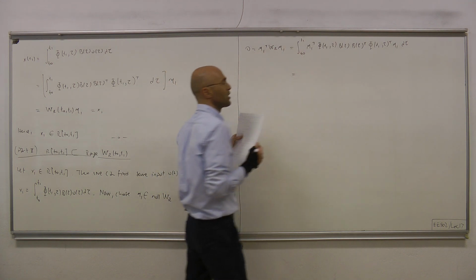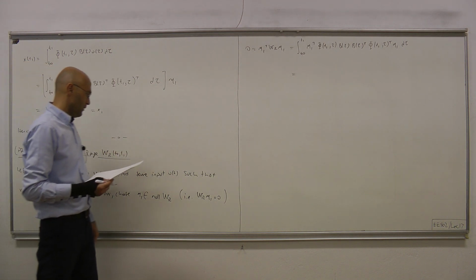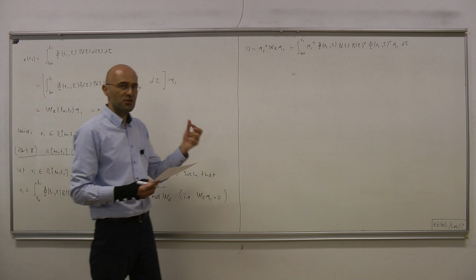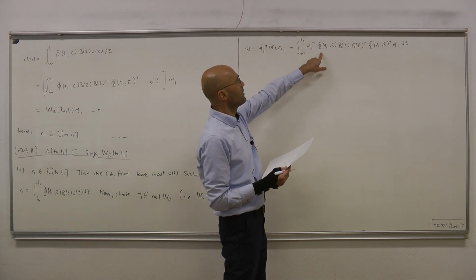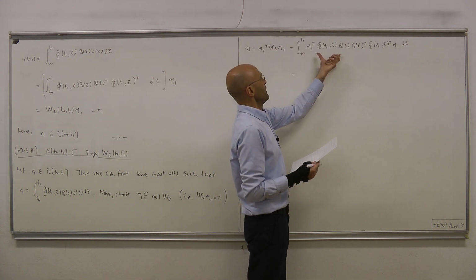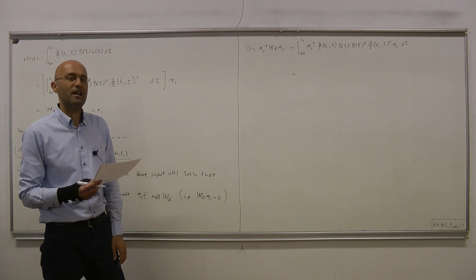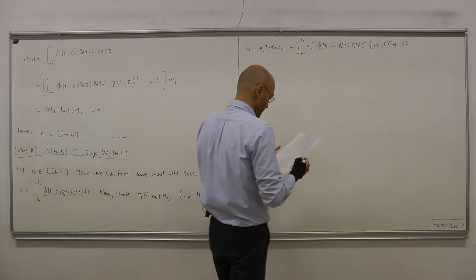Now, because of the special structure of the reachability Gramian, namely its symmetric nature, the integrand can be written as something transpose times itself. And that can be written as the norm square of that something.